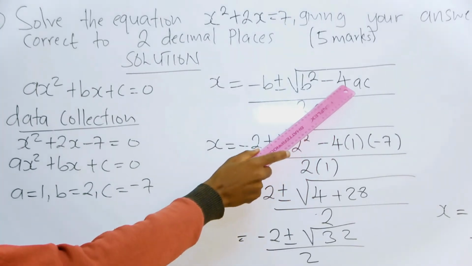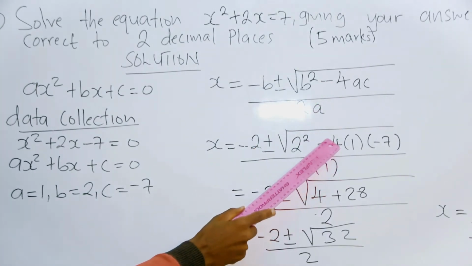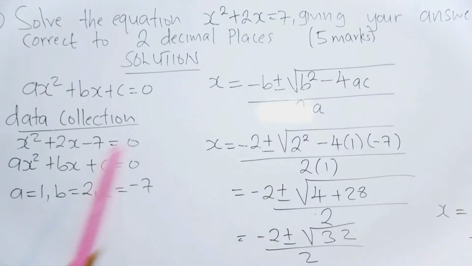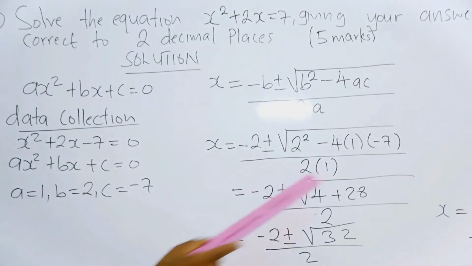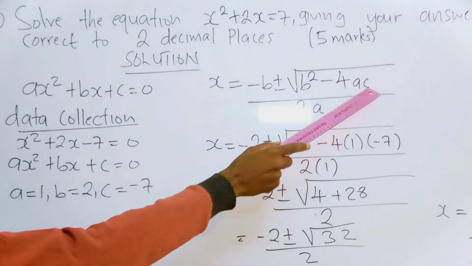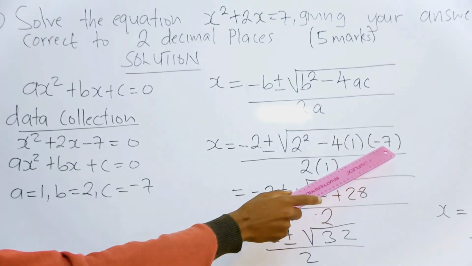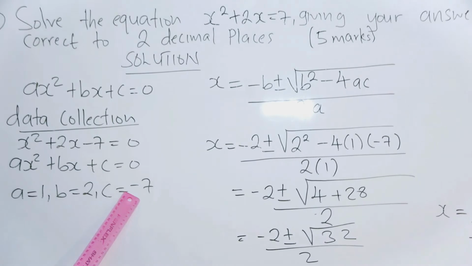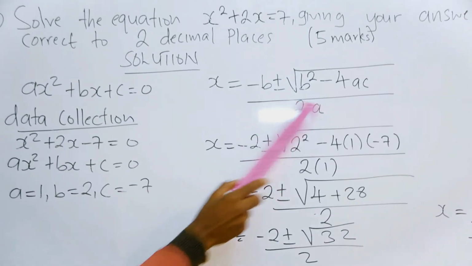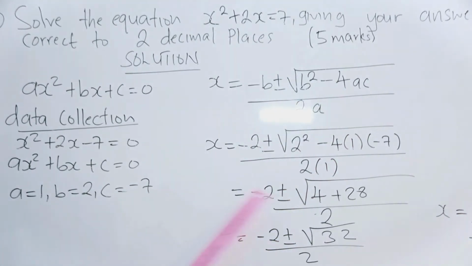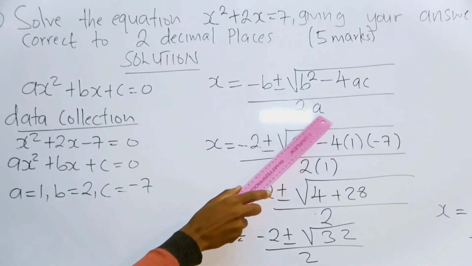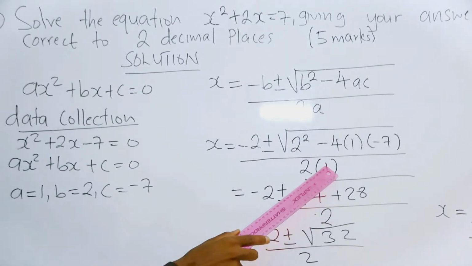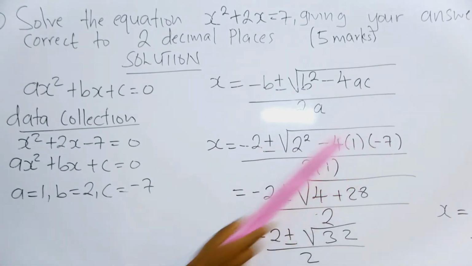We've got the 4 there, it just drops directly. We see the a there, which is coming from a is equal to 1, so I've put the 1 there. On the part of c, there is negative 7, which we got from the data collection. There's an over sign there, then we've got 2 bracket a, where a is equal to 1. So we can proceed now to compute this.